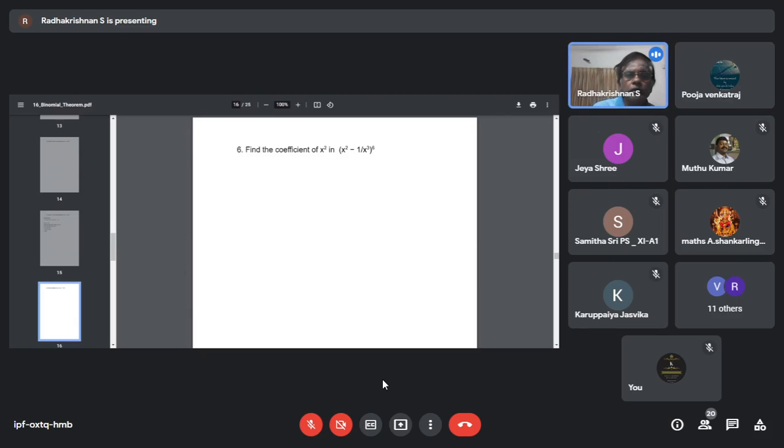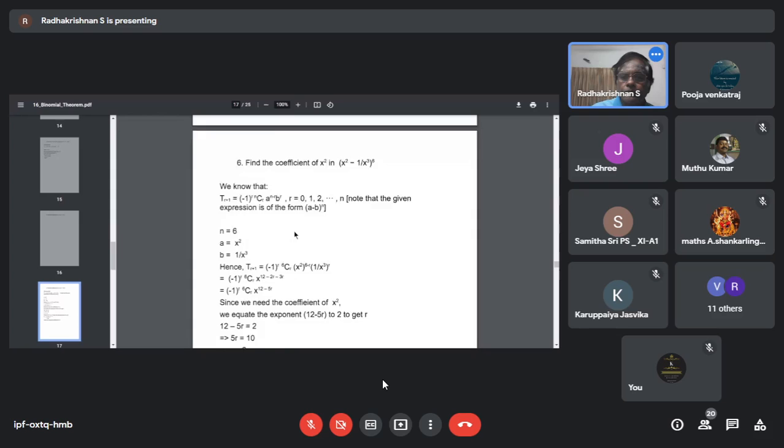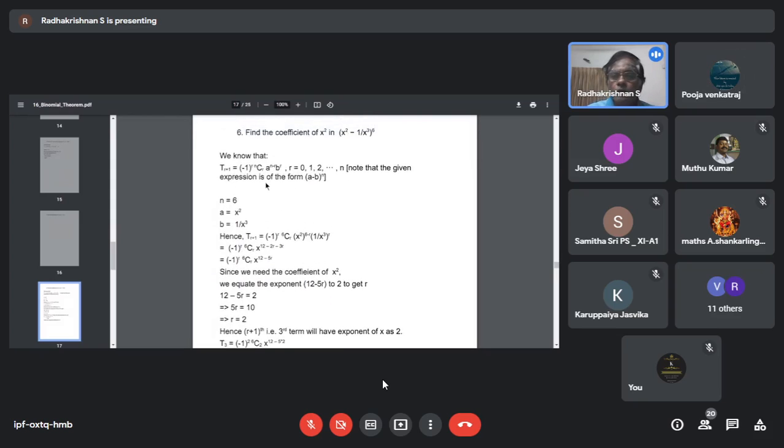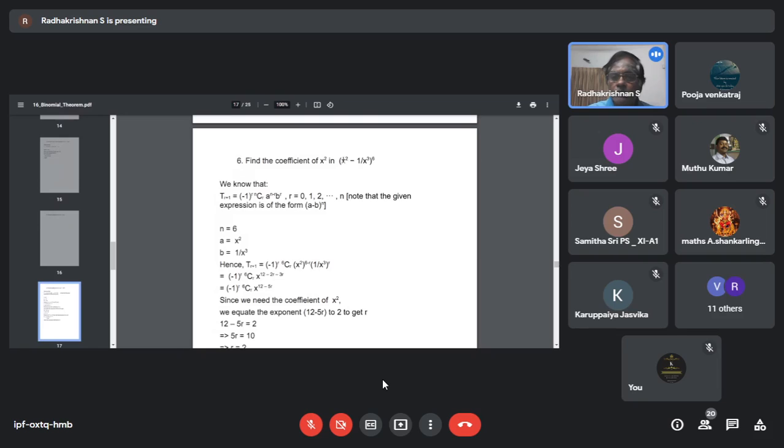Let me show you the answer now, how to do it. So we know that TR plus 1, in this case, is from the formula for the form A minus B whole to the power of n.